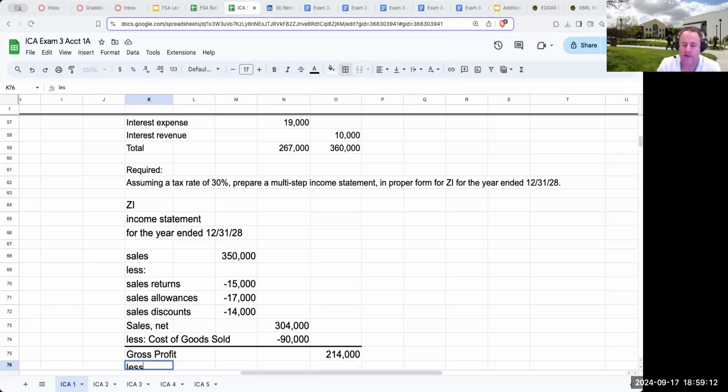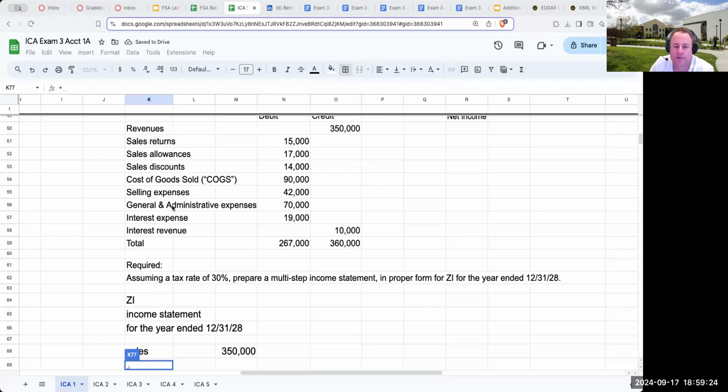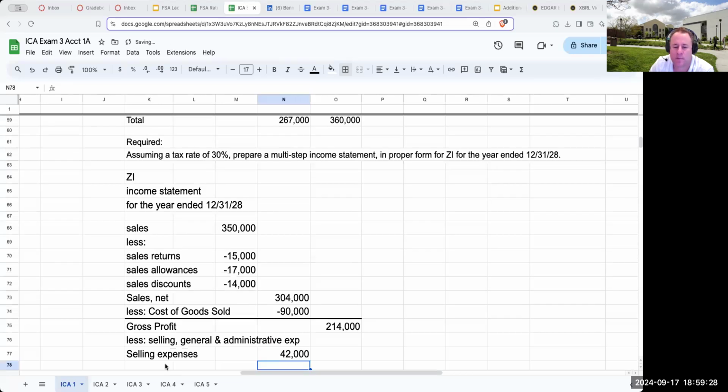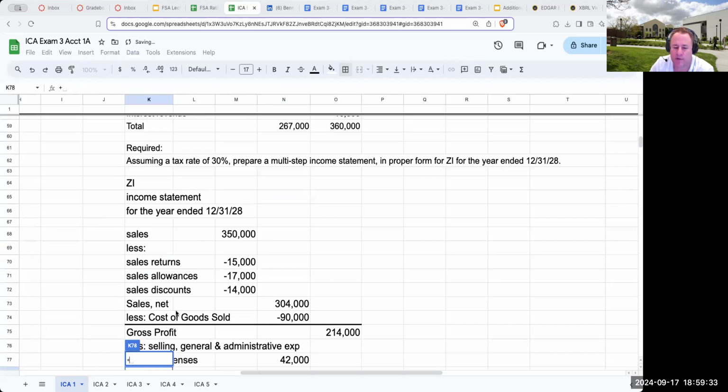Now we're going to then say less selling, general, and administrative expenses. Okay. So my selling expenses over here were 42,000. My general and administrative expenses were 70,000.